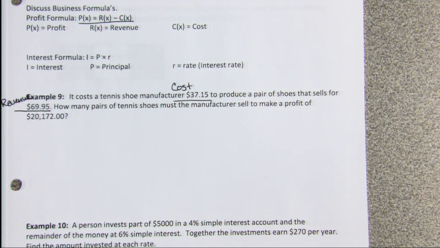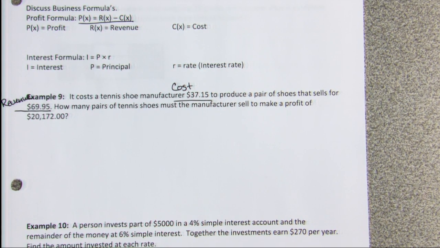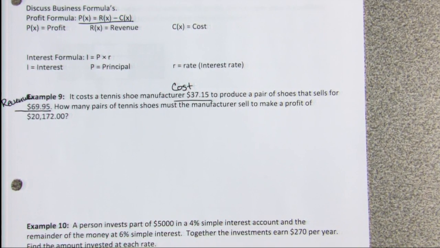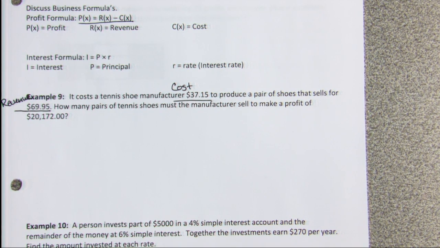Well, that's because that's what you're paying. But like, let's get in a marketing mindset for a minute. It's going to cost you something, then you're going to sell it for more. Okay, so the cost is $37.15. The revenue would be $69.95. How many pairs of shoes must the manufacturer sell to profit?